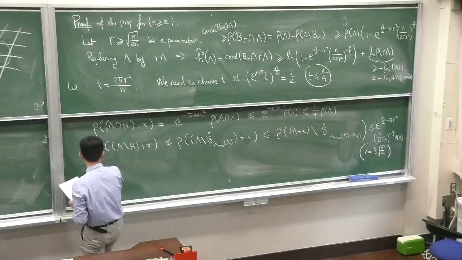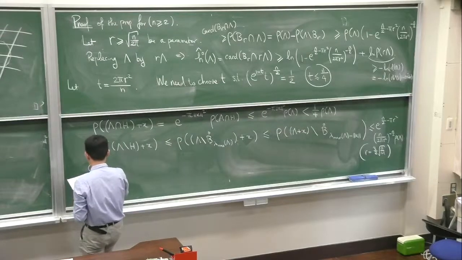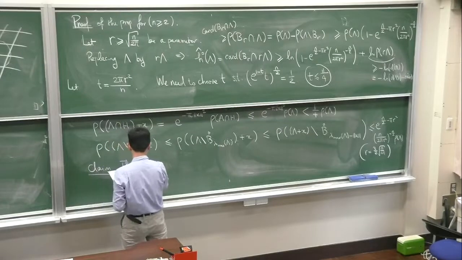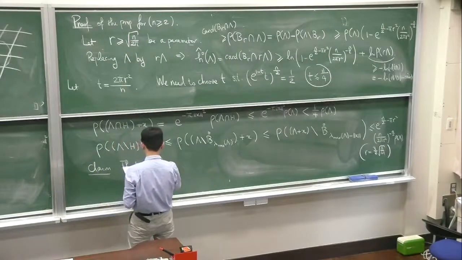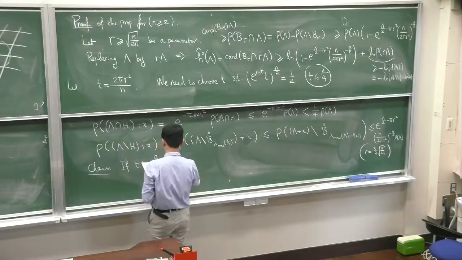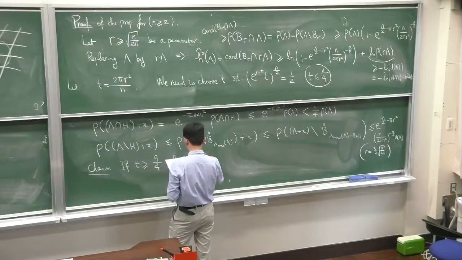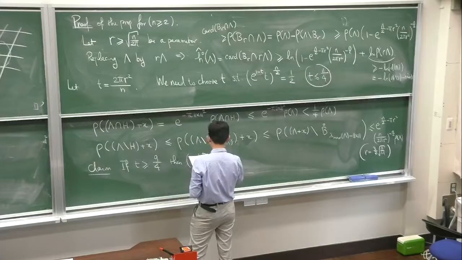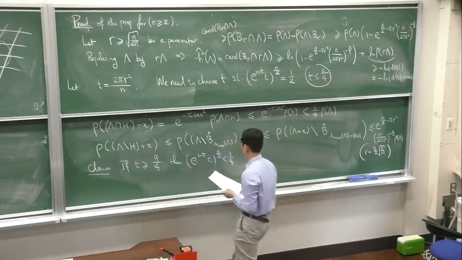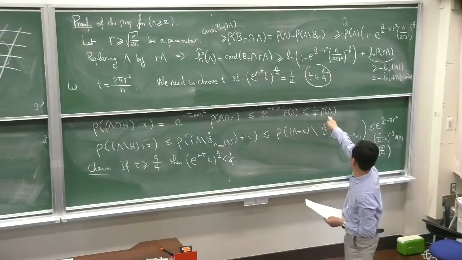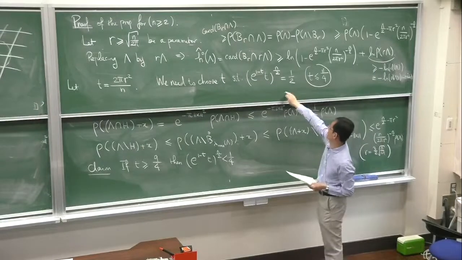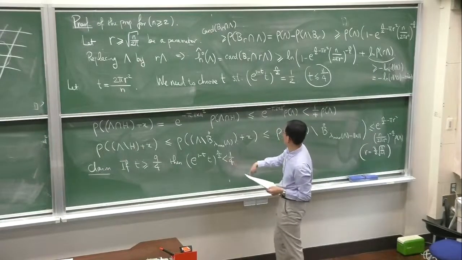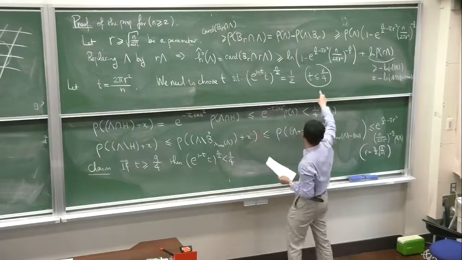So the claim is, with the same technique, that if t is at least 9/4, then (e(1 - t))^(n/2) is at least 1/4. So it is exactly the same technique here, but I need the same thing to be less than 1/4.